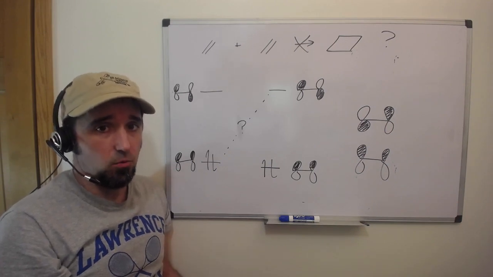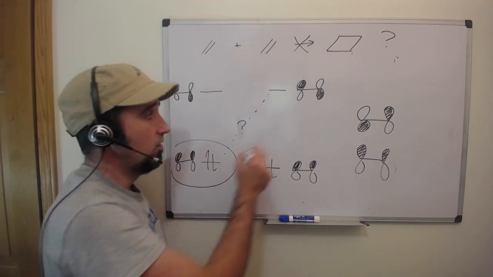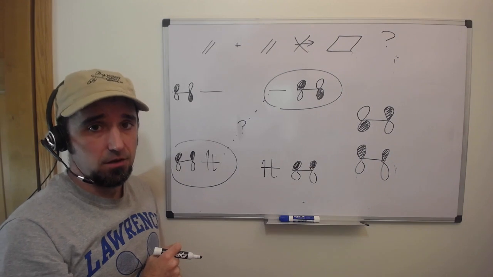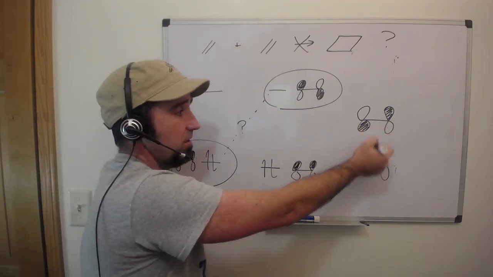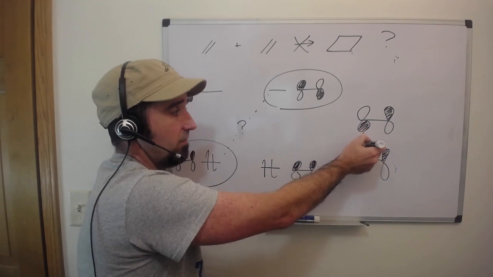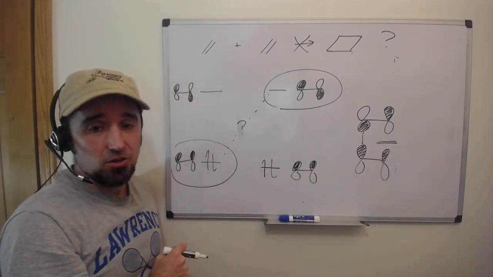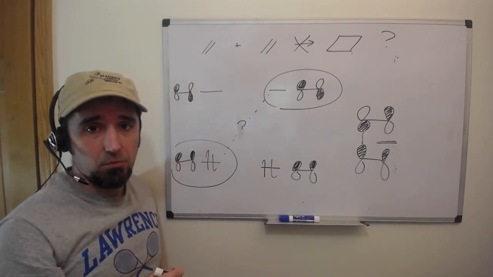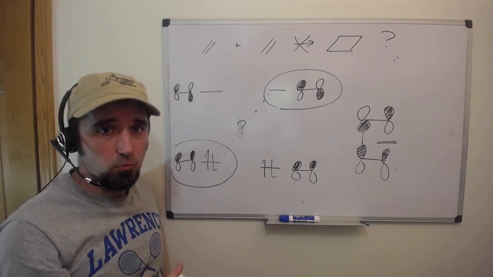To make this reaction work, I would need to have the highest occupied molecular orbital of one side react with the lowest unoccupied orbital of the other side. Right? And if I do that over here, now if I try to make both these bonds at once, here I've got good overlap, but here I've got destructive overlap. Right? So these lobes can't overlap and make a bond. So I cannot do this reaction in one step.